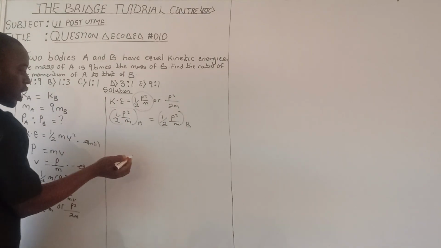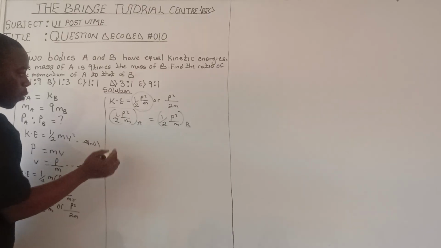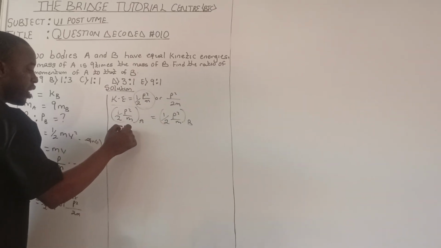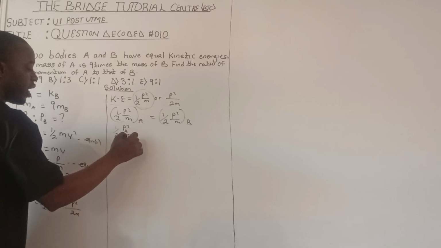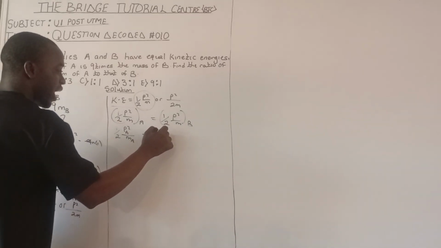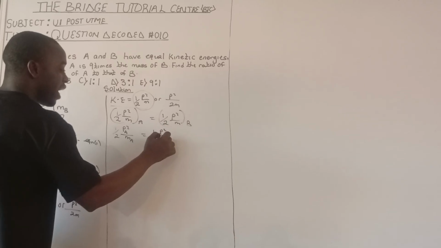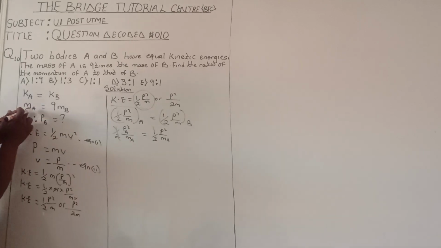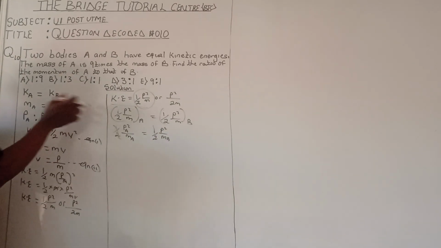Now moving on, if you open the bracket, we have half PA squared over MA equals half PB squared over MB. Half, we cancel half. That's the first thing. The next thing is that it said MA is 9 times MB.